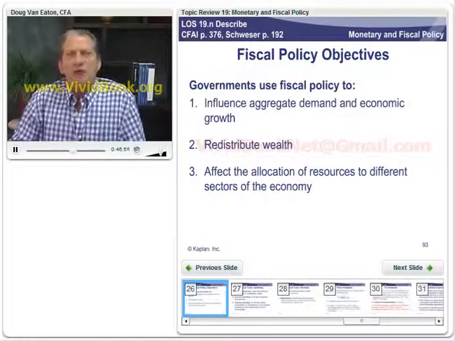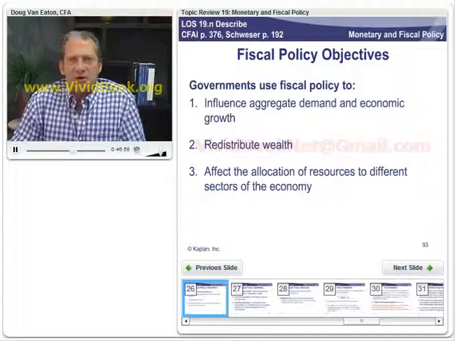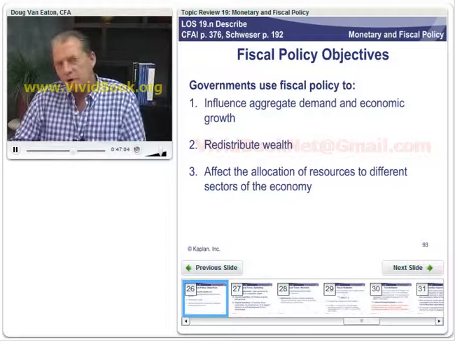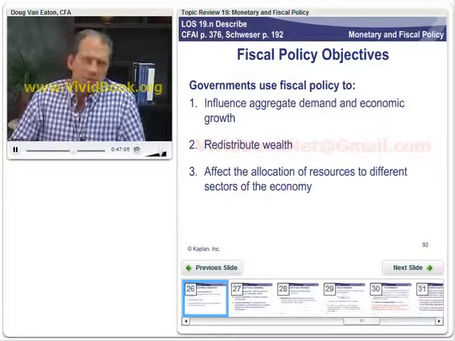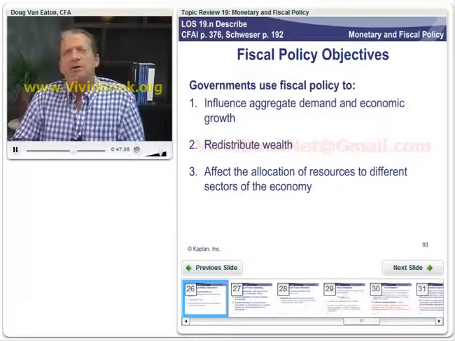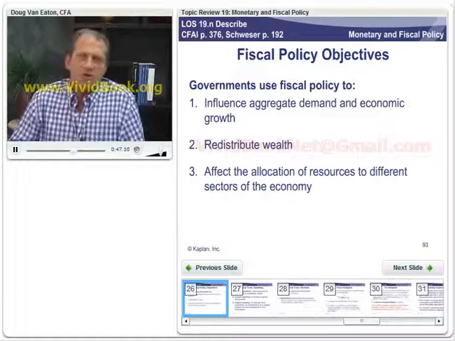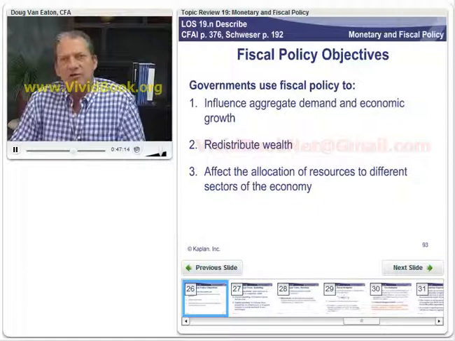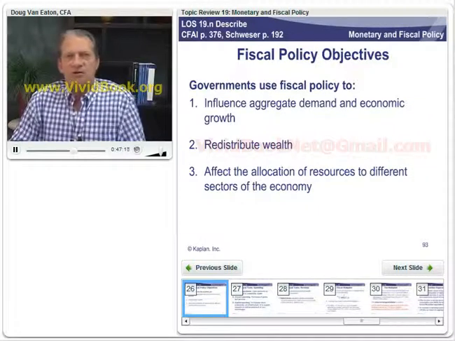So the fiscal policy objective is to influence aggregate demand and economic growth. Also, there's redistribution of wealth through welfare payments, unemployment payments, retirement payments from a government-run Social Security system, and also to affect the allocation of resources to different sectors of the economy.